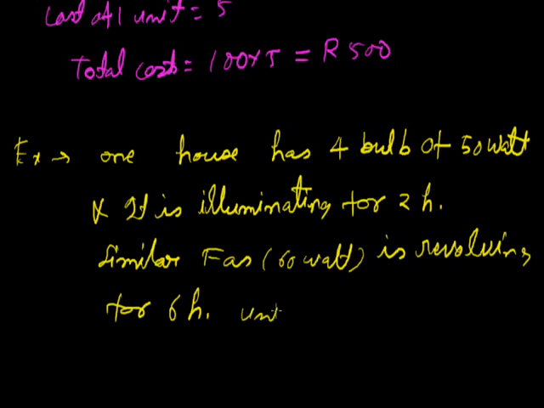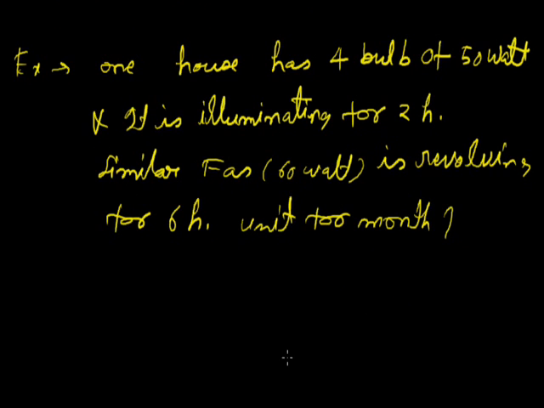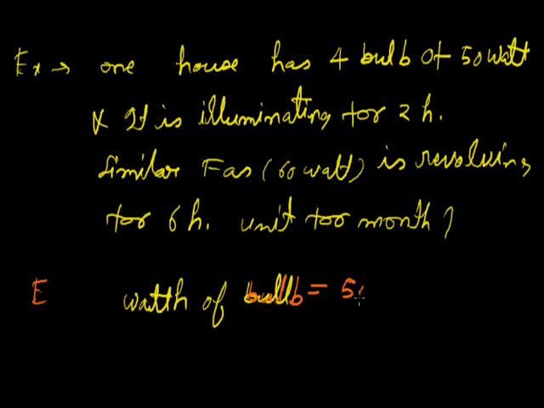Unit for the month will be what? How can we calculate? First calculate the watt hours, then convert to kilowatt hours. So the watt hours of the bulbs is equal to 50 into 4, because 4 bulbs are there and they are illuminating for 2 hours, so it will be 400 watt hours.